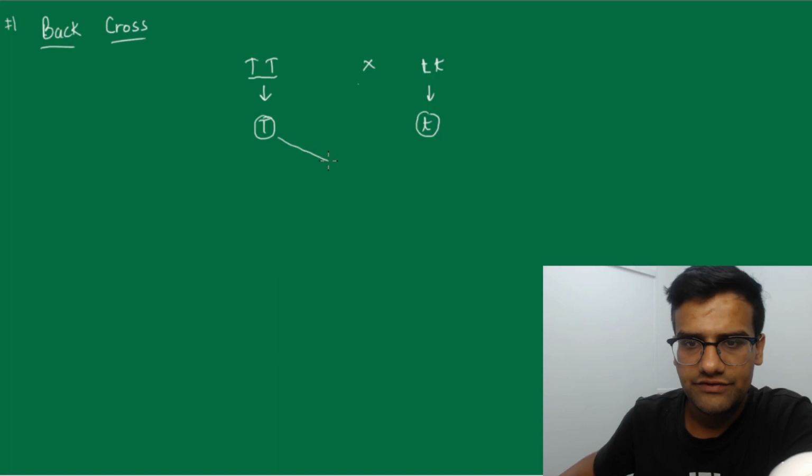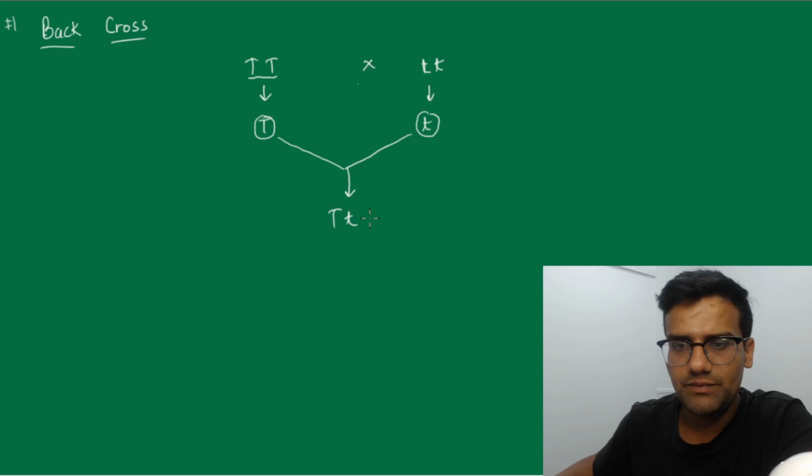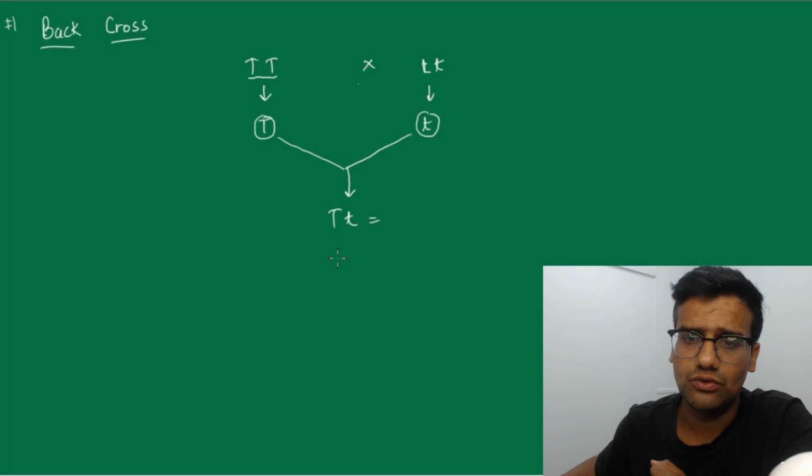In the F1 generation, when these gametes mix, they produce a heterozygous generation. All the plants are heterozygous tall.